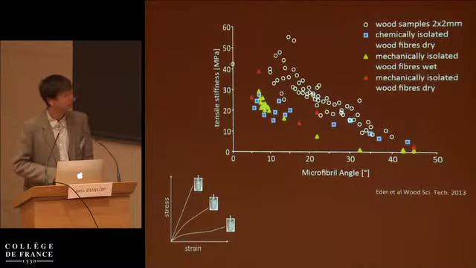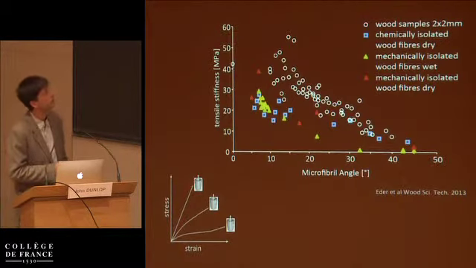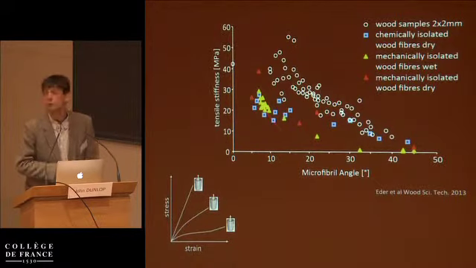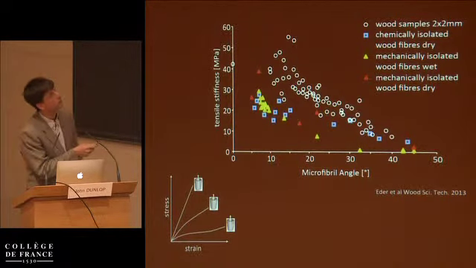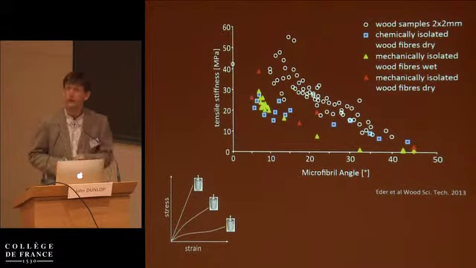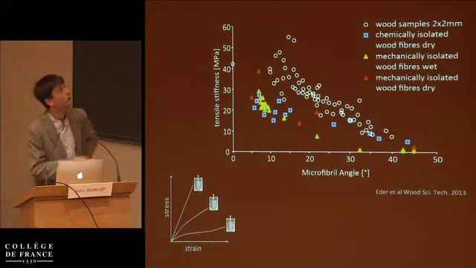So this can be measured. Here's a collection of data that was made by Michaela Eder, who unfortunately can't be here today, of the tensile stiffness versus microfibril angle of a variety of different wood fibers. In the white circles, these are macroscopic wood blocks. So these contain many, many individual fibers or cells of wood.